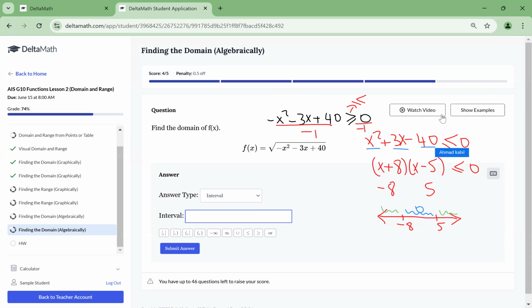We get 0 plus 0 minus 40 less than or equal to 0. Of course, it is a correct statement because -40 is less than or equal to 0. So 0 works. So our answer is going to be -8 less than or equal to x less than or equal to 5.